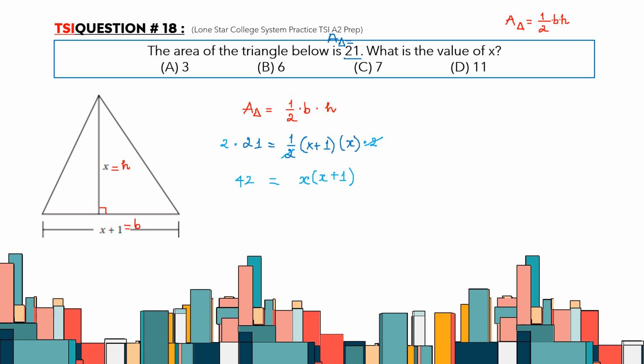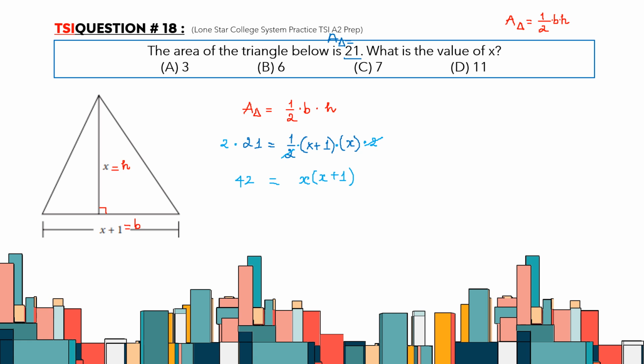Always remember that multiplication has the commutative property, so you can switch the positions of all factors. It doesn't matter.